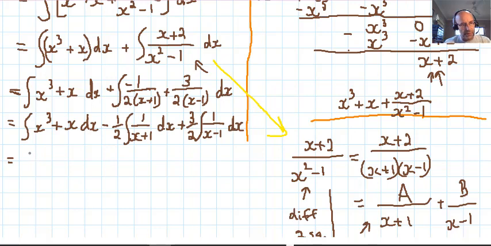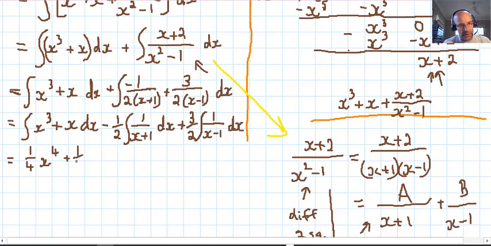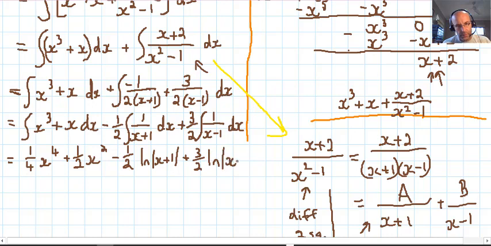So we've got 1/4 x to the 4 plus 1/2 x squared minus 1/2 natural log x plus 1 plus 3 on 2 natural log x minus 1 plus c.